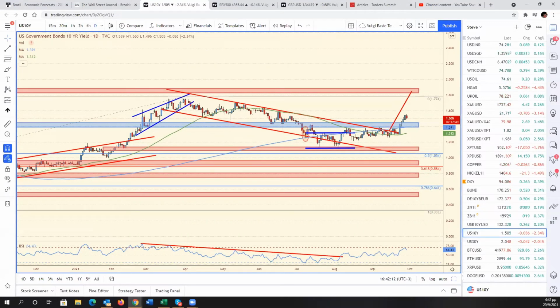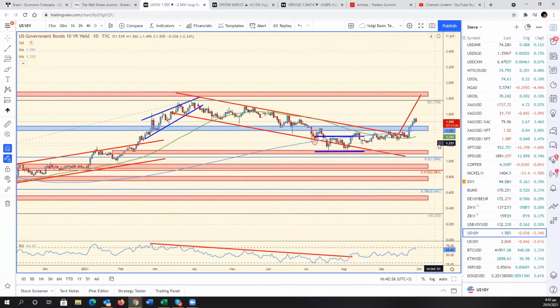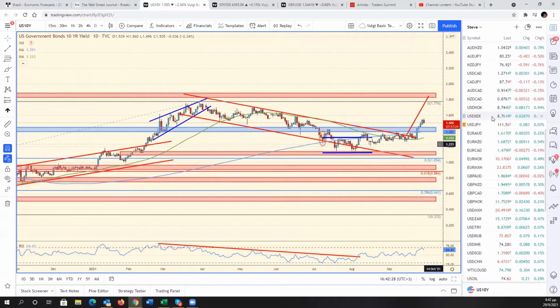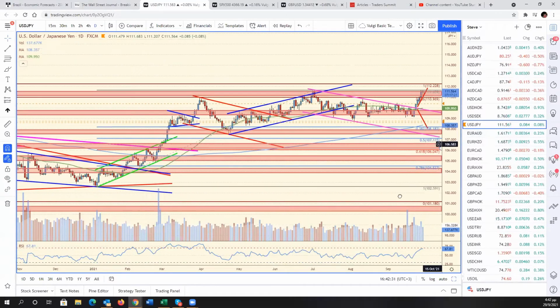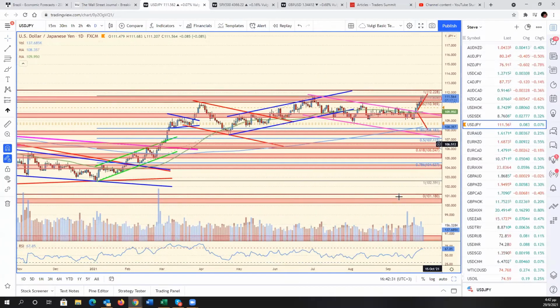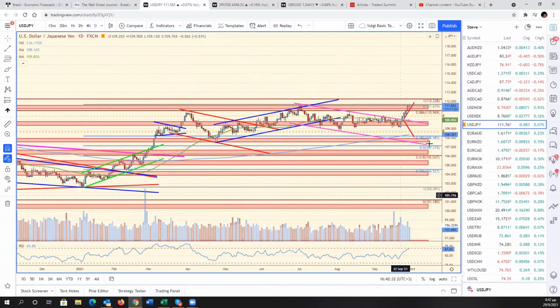But irrespective of that, yields are still in breakout territory if you look at shorter term charts. So a little bit of a pullback indeed. But technically speaking, we're still in breakout territory in the 10-year yields. And if you notice, USD/JPY is also doing rather fine despite all that. Yes, that's true.